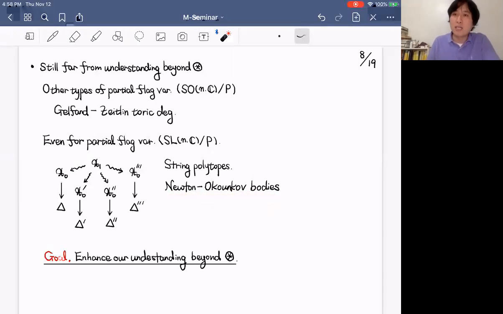If the Newton-Okounkov body has some nice condition, then we can construct the toric degeneration. So the partial flag variety possibly has many toric degenerations. Okay, but maybe some of them satisfy the star condition, while some others do not satisfy their assumption. So the goal of this talk today is to enhance our understanding beyond the star condition.